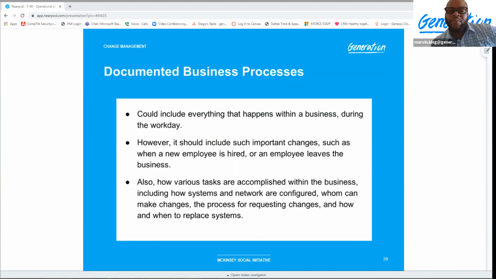Documenting business processes could include everything that happens within a business during the workday, or it could include just certain important changes, such as the hire of a new employee, or if an old employee leaves. Also, various tasks are accomplished within businesses, including how systems and networks are configured, who can make changes, the process for requesting changes, and how and when to replace systems.